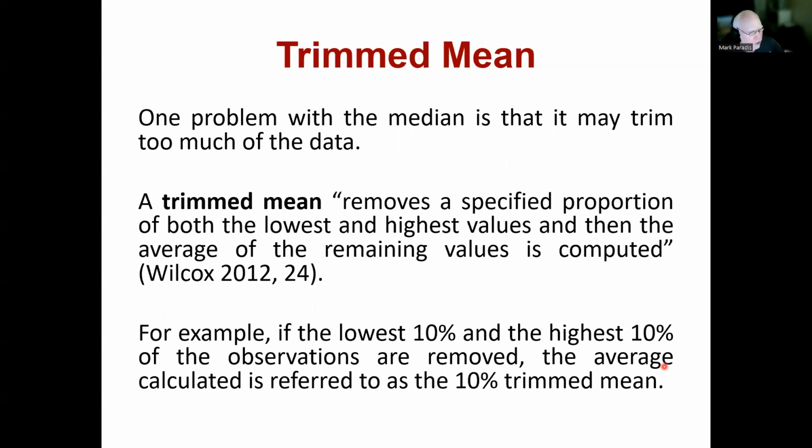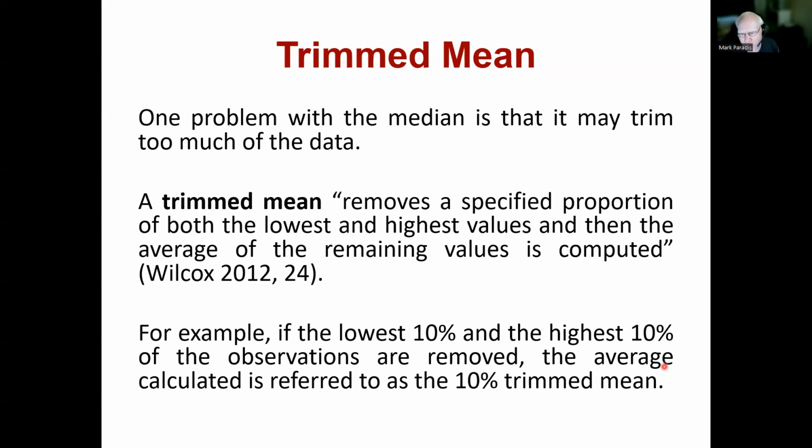Between those two, there's a lot of different levels of data that you could trim, right? Observations, smallest and largest, that you can drop. So one problem with the median is that it may trim too much of the data, right? Sacrifice too much. So a trimmed mean removes a specified proportion of both the lowest and highest values, and then it takes the average of the remaining values.